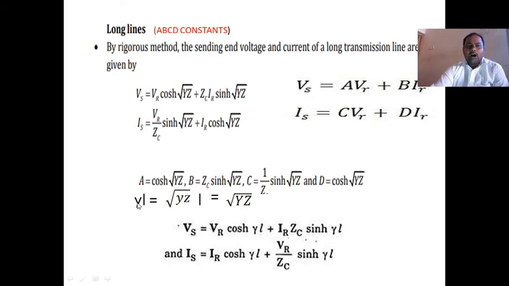So gamma L is equal to √YZ into L. Here the small admittance and small impedance become capital admittance and capital impedance. What is the difference between small and capital admittance?